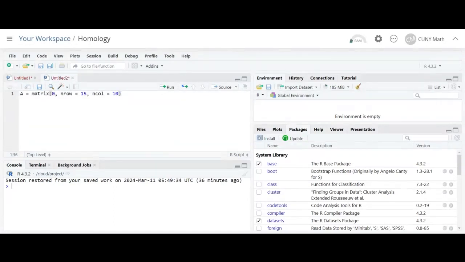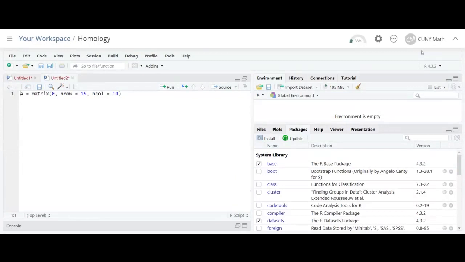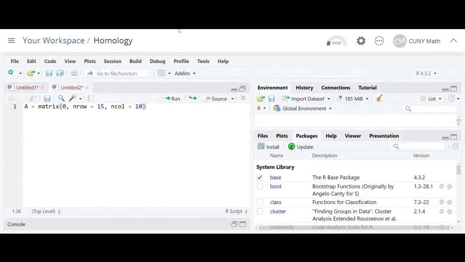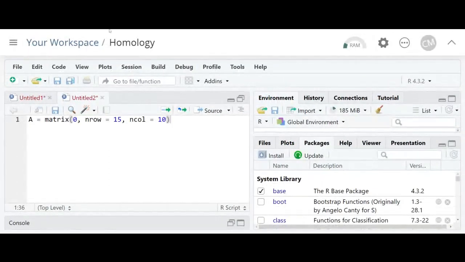So first I'm going to create my matrix. Maybe I should make this a little bit bigger so it's easier to see. Okay, so I'm going to create my matrix.